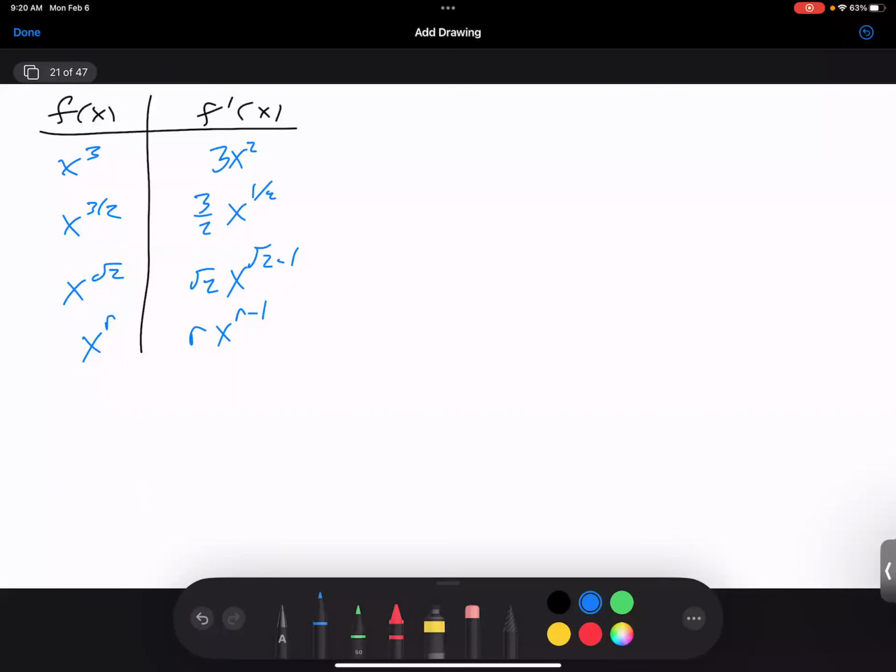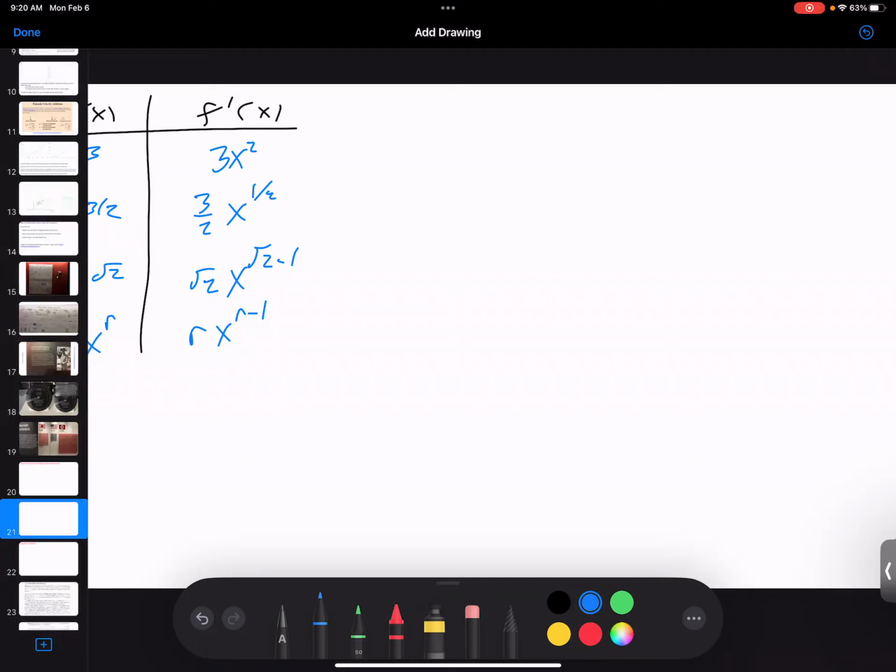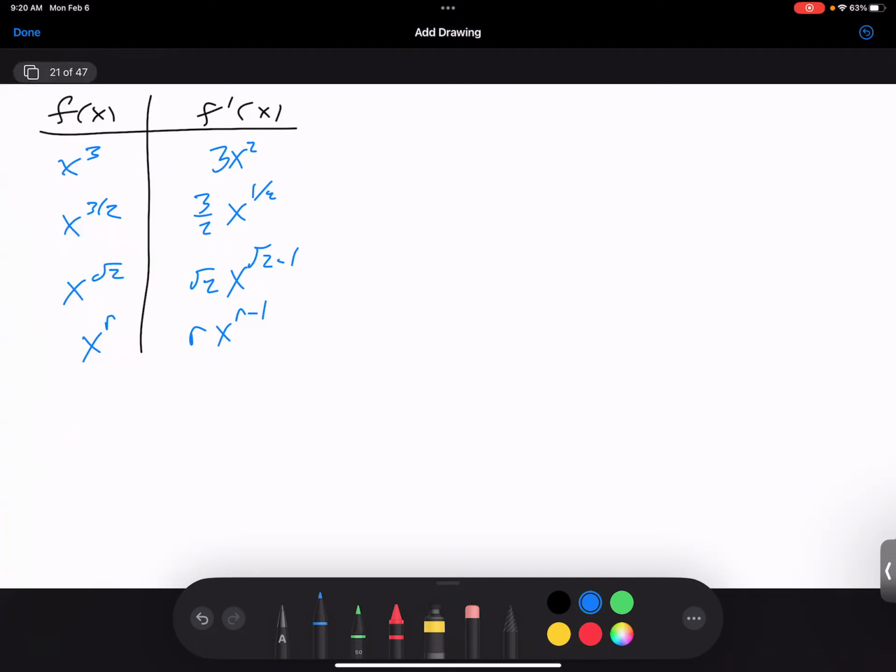Did you prove this in school? So how did you prove the first one? Okay. Anybody remember how you proved this?